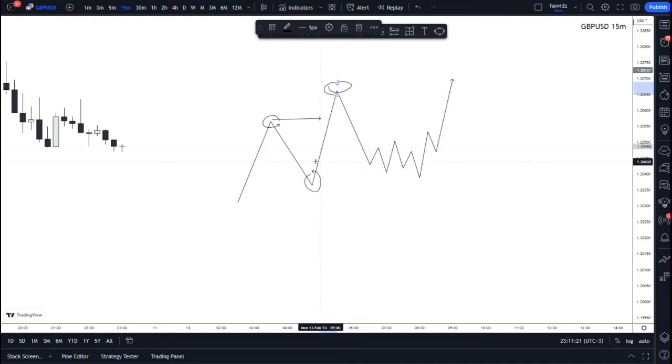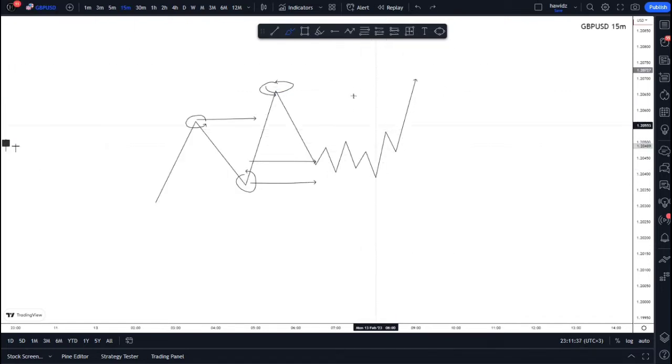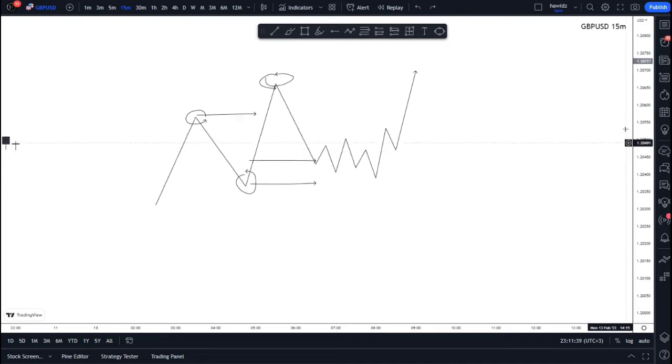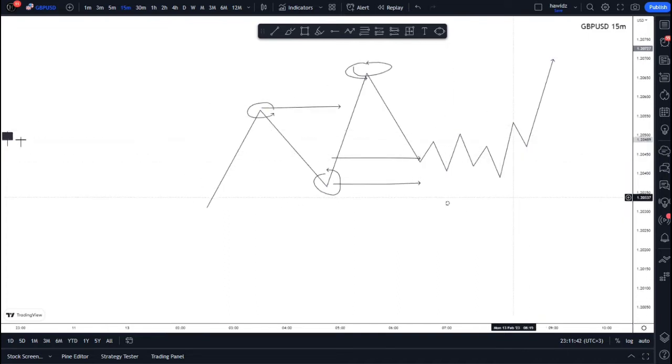And then price comes down to an area of demand, and this demand gets mitigated, and after this mitigation, price is now ready to go up and take out this previous liquidity high.